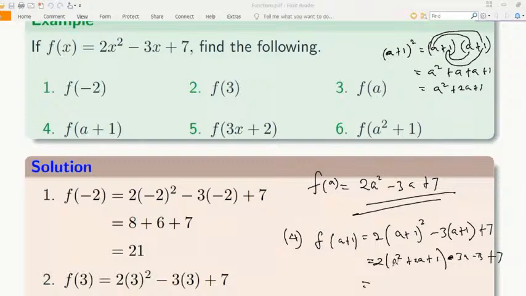You can also expand this now to get 2a squared plus 4a plus 2 minus 3a minus 3 plus 7, and collect like terms. That's what you can do.